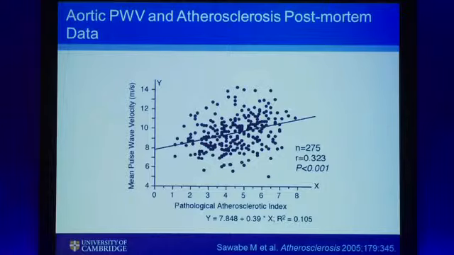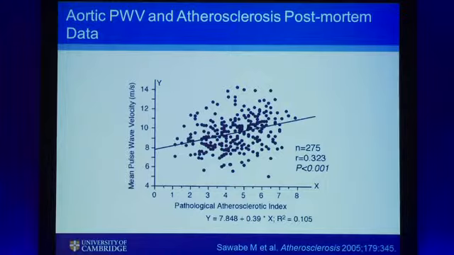Now that might seem disappointing, but actually I think it's probably what you would have predicted, because these are data from a Japanese population where they measured the pulse wave velocity of individuals in life, and once they died they looked at atherosclerotic plaque in the aorta using Oil Red O staining.